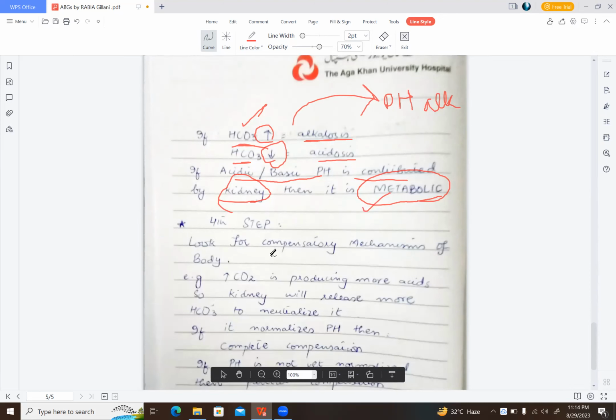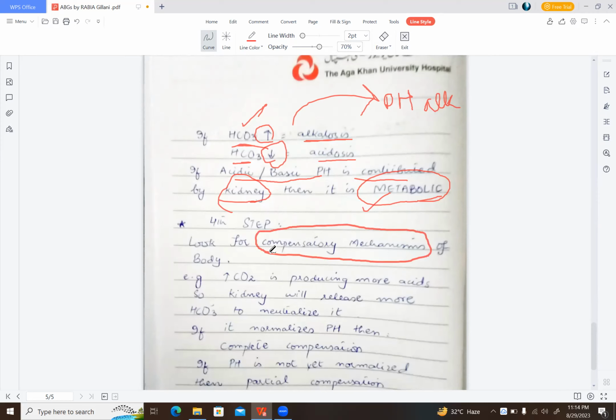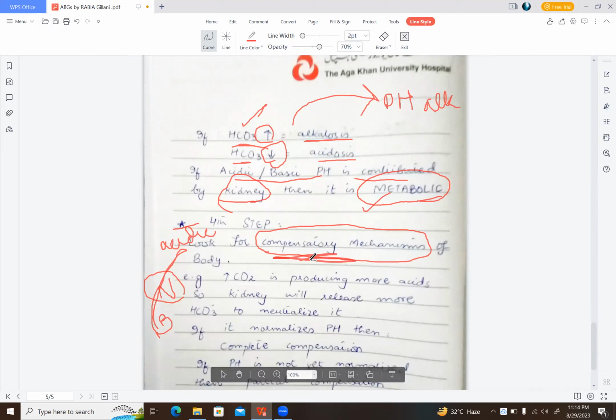For any compensatory mechanism, the body is made in such a way that whenever the pH of the body becomes acidic, the body tries to neutralize it by secreting basic ions, and this process is called compensation.